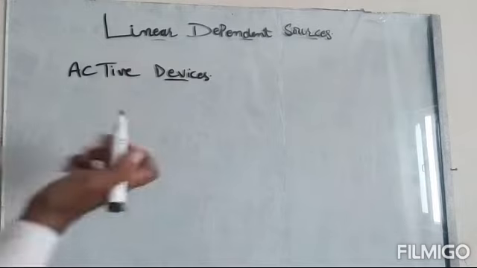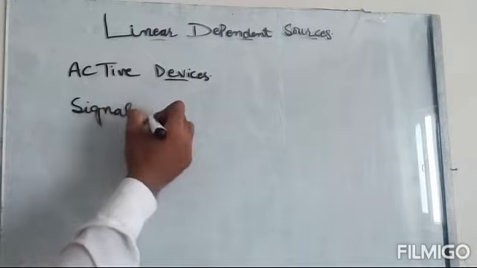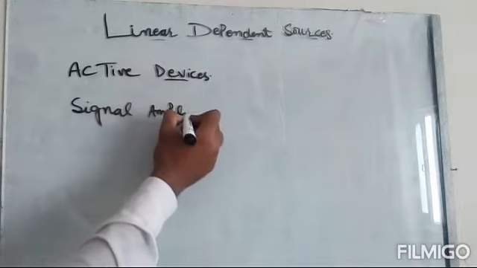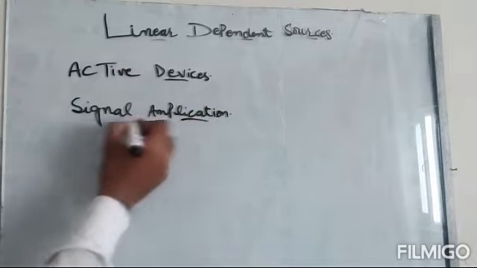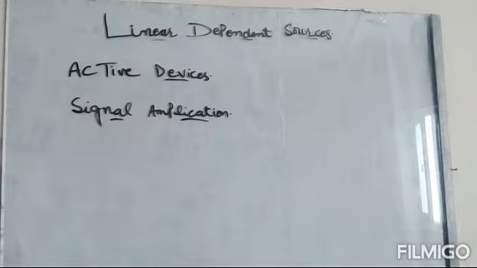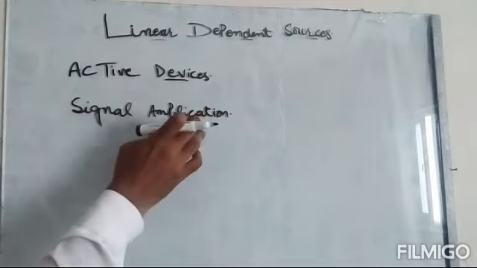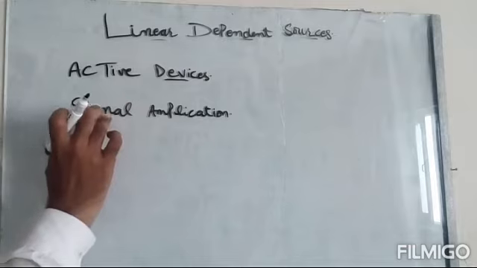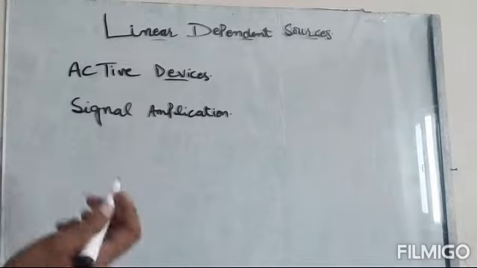These circuits are used for signal amplification, which is a very important concept in electrical engineering. In a lot of places we have to amplify signals that are very small, in milliamperes or millivolts. These types of circuits are used to amplify our signals. Operational amplifiers and transistors, for example, are active devices.